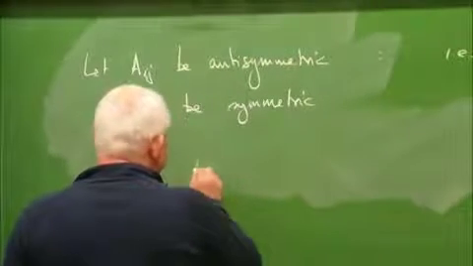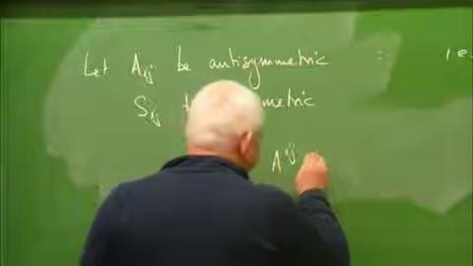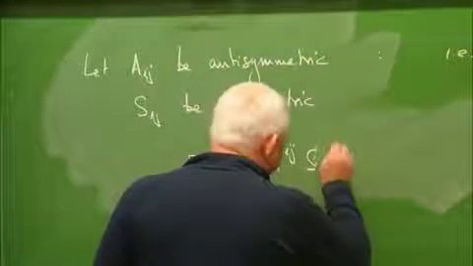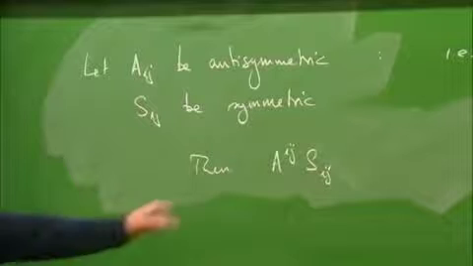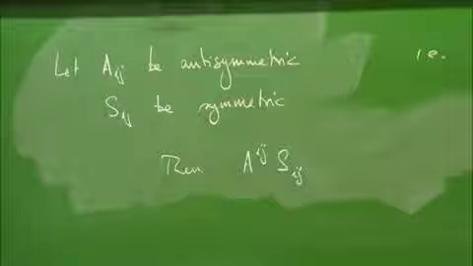What I want is to evaluate the quantity Aij summed with Sij. You can have the indices upstairs or downstairs, it doesn't matter which way around you have them. The indices can be seesawed by use of the metric tensor.